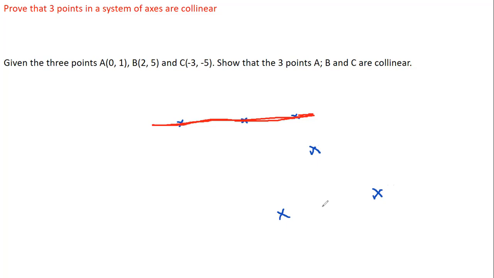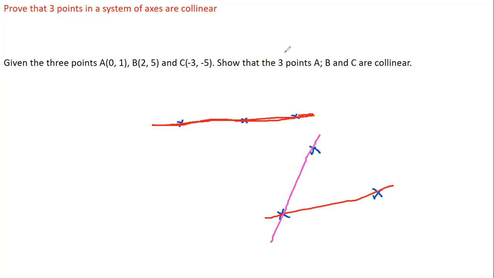No. It's impossible to draw, as I can draw a straight line passing through this point and this point, right? I can draw another straight line passing through this point and this point.